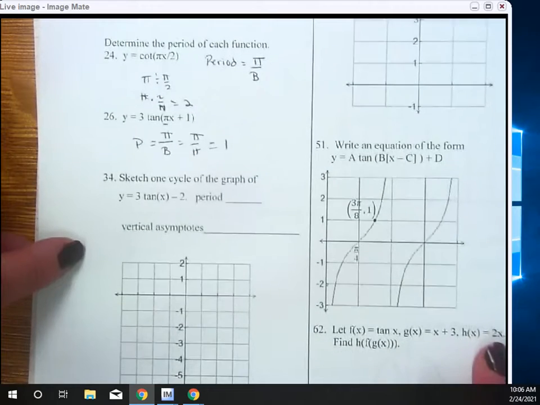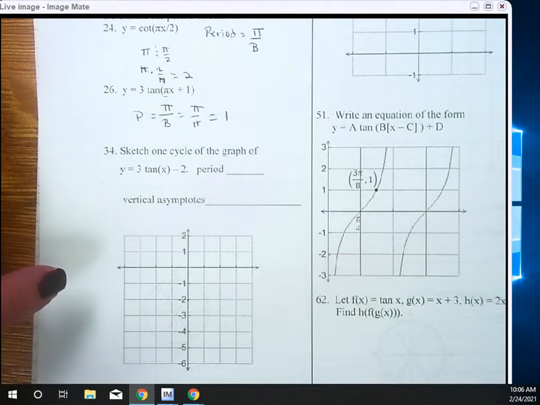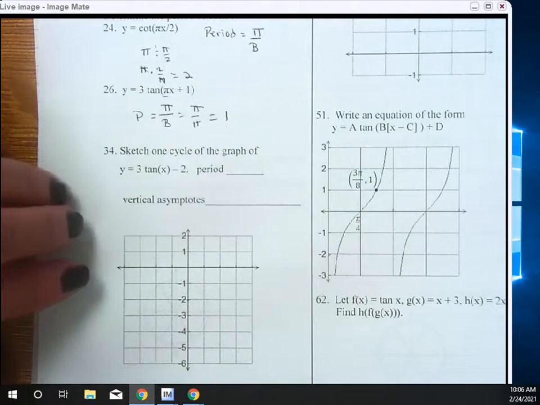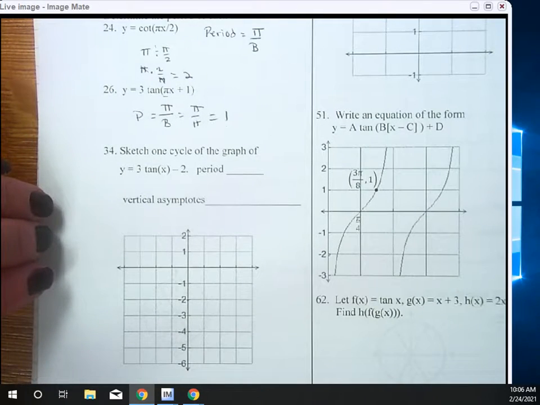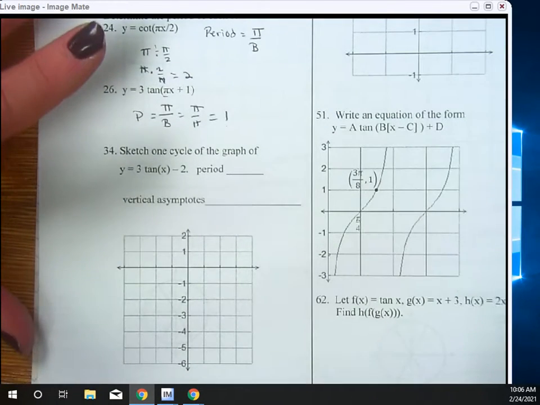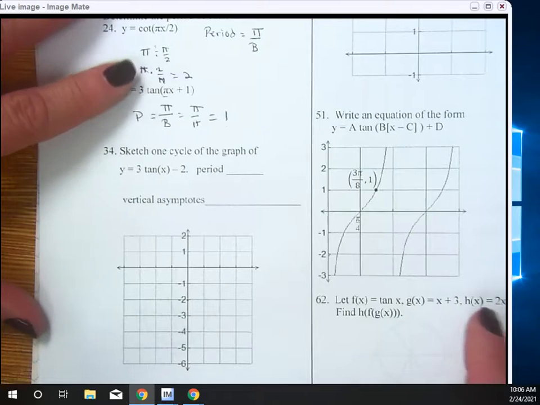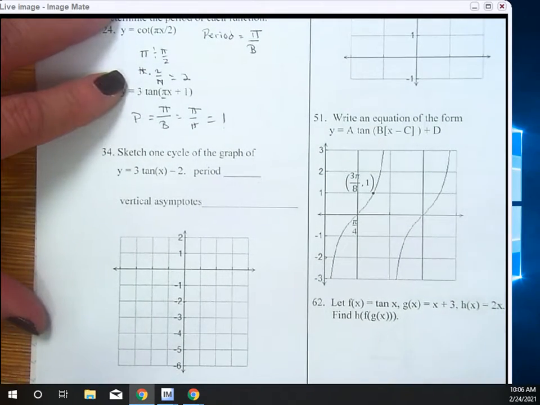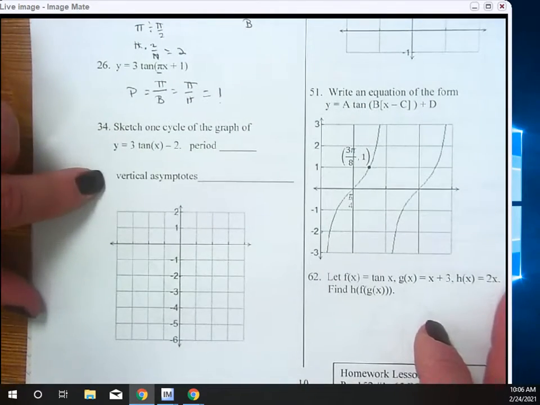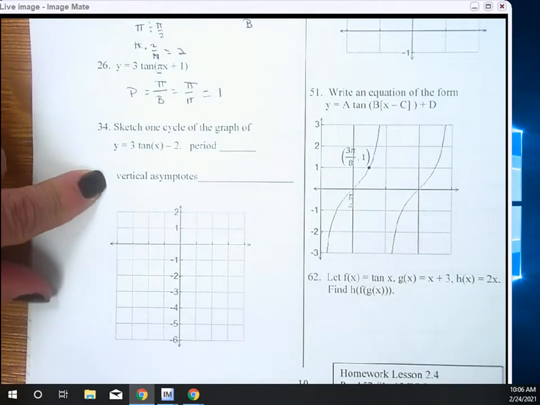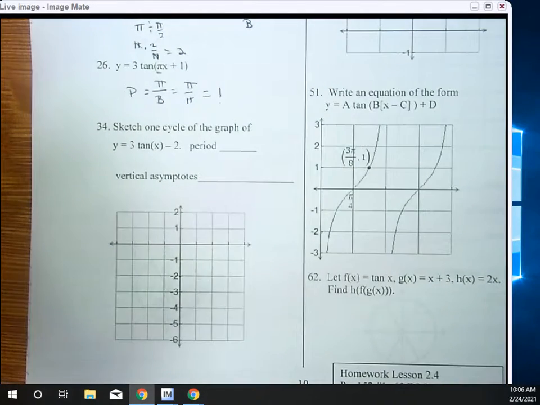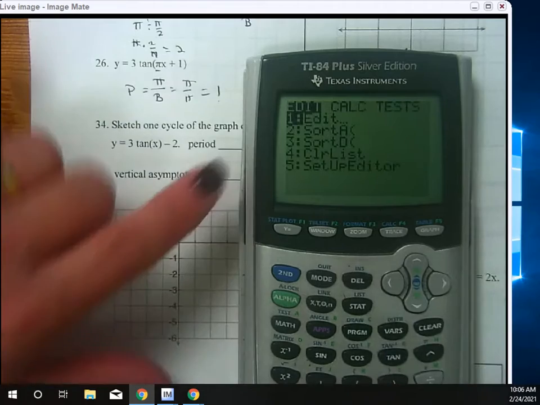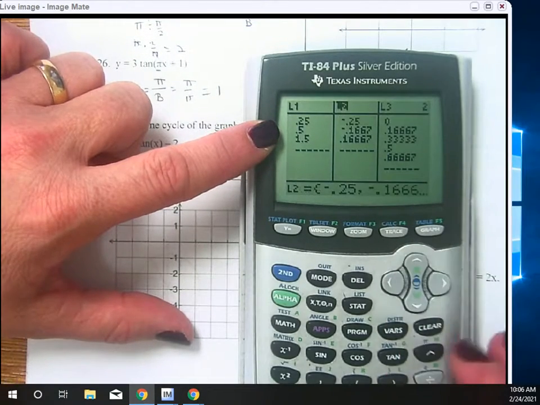When we move down to sketch one cycle of the graph, in my classes, remember, we did 5 key points for sine and cosine. With tangent and cotangent, we have 3 key points. Our key points from the other side, I'm going to go ahead and put those into my calculator and my list.